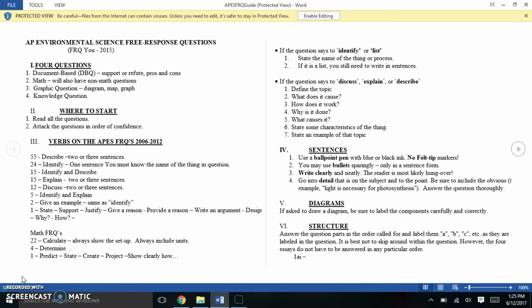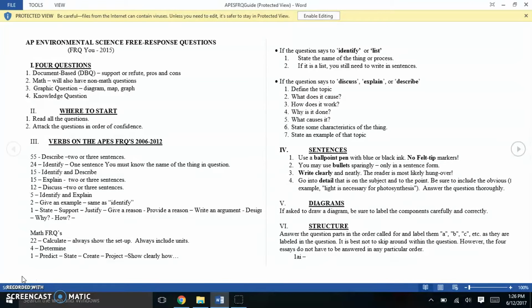Number 2 will be a math question. The strength of this question will be related to math, maybe a graph, maybe a population count, something to that effect, but it will be the basis of math.